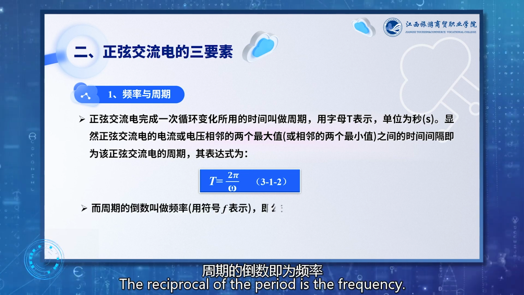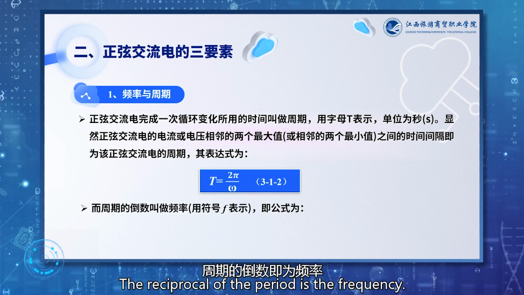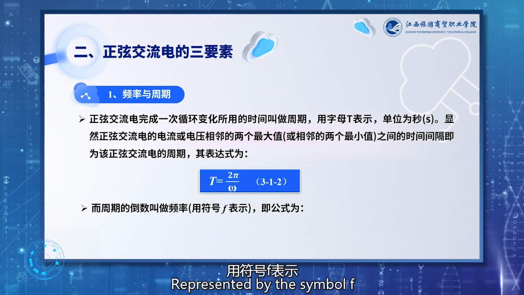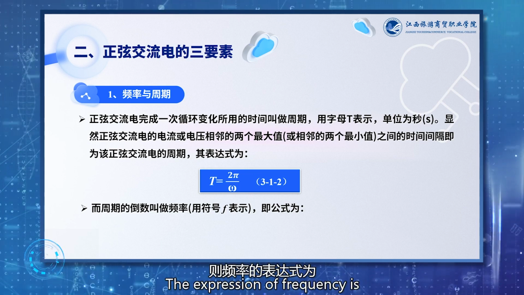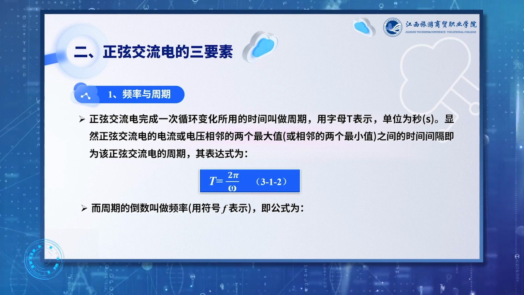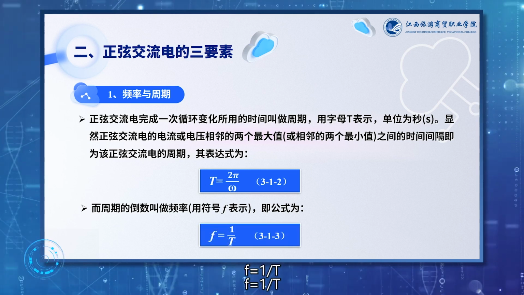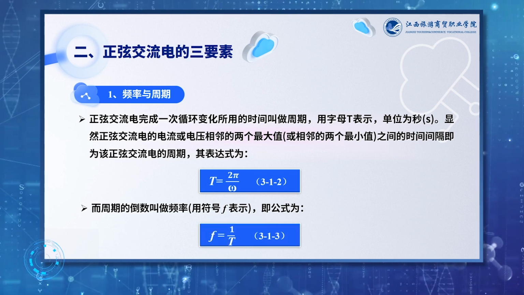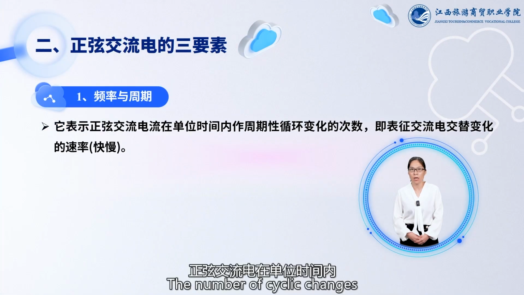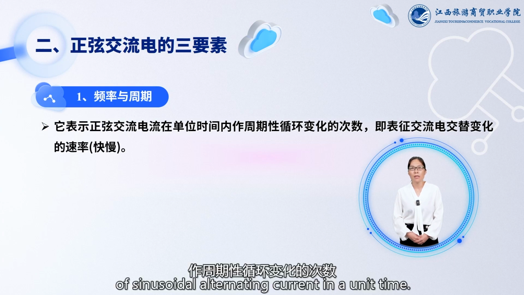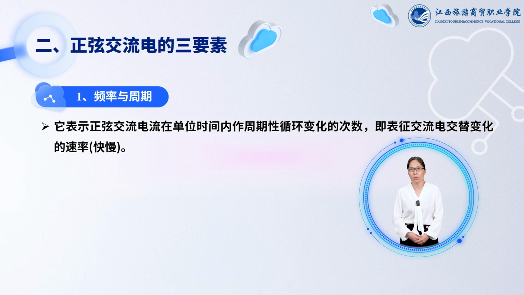The reciprocal of the period is the frequency, represented by the symbol f. The expression of frequency is f equals 1 over T. Frequency f indicates the number of cyclic changes of sinusoidal alternating current in a unit time.